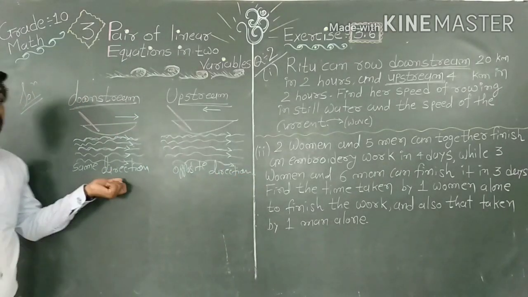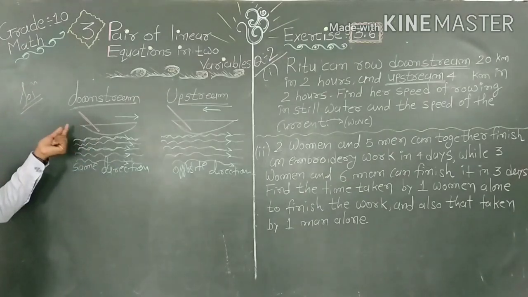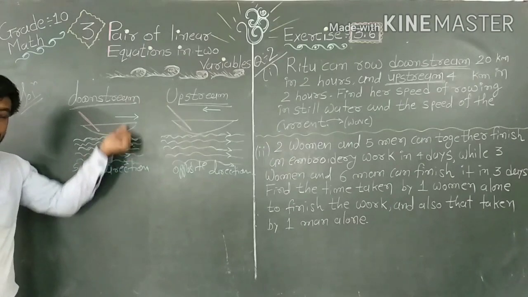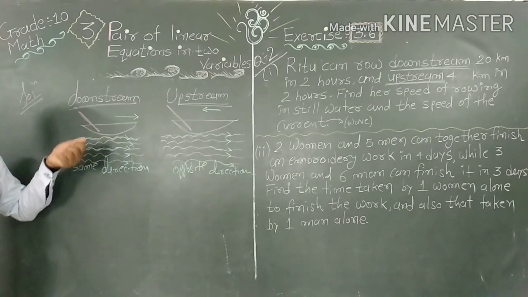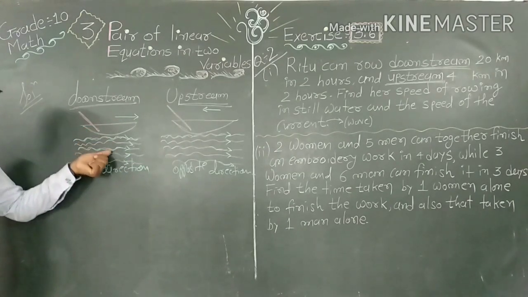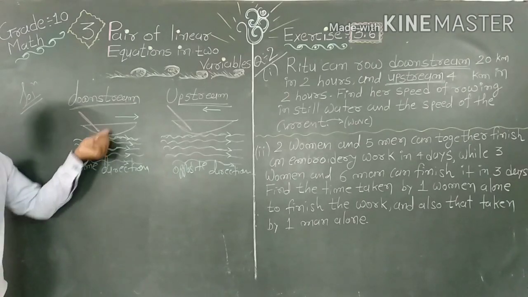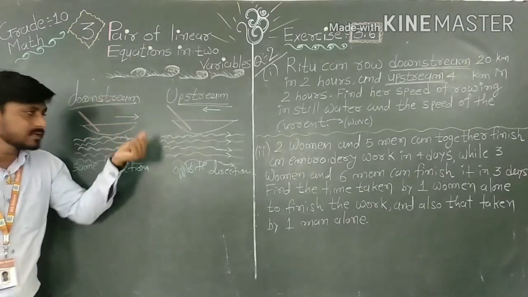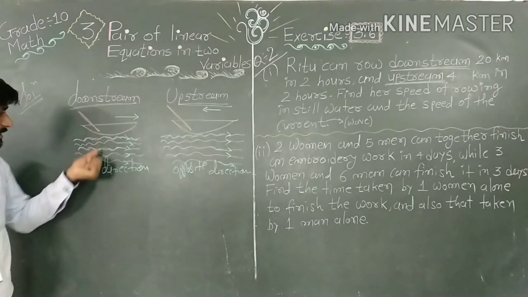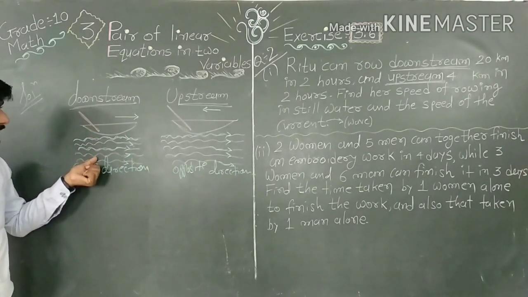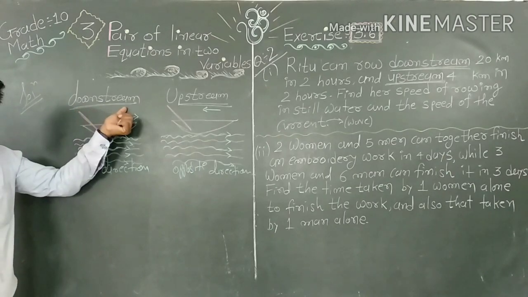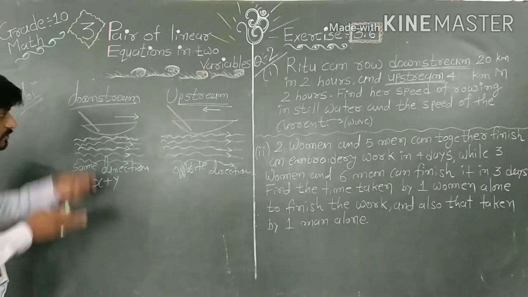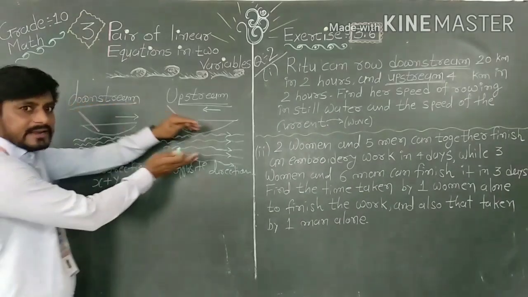Look, what happens here? If the direction of the boat and the direction of water are both the same, then the speed is this speed plus this speed, that means addition of both speeds. Suppose we consider the speed of the boat is x and the speed of the current is y. In the downstream case we add both speeds, because both go in the same direction.